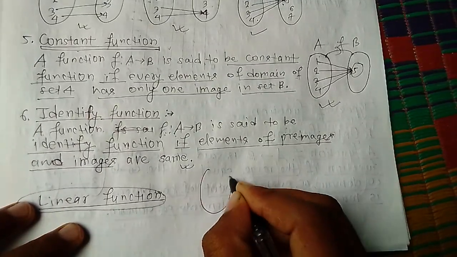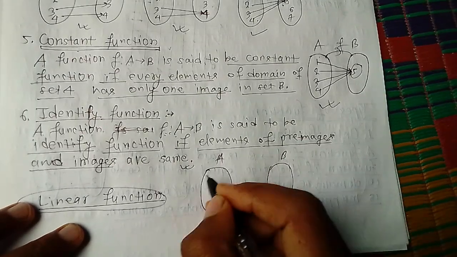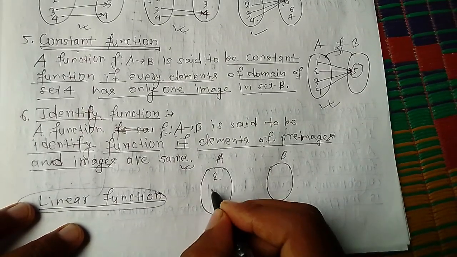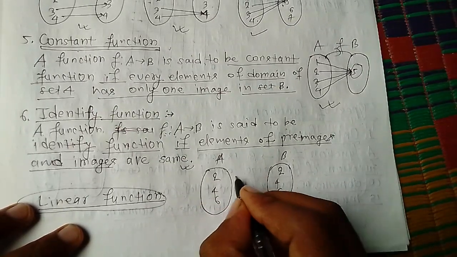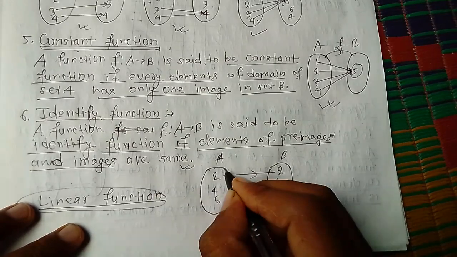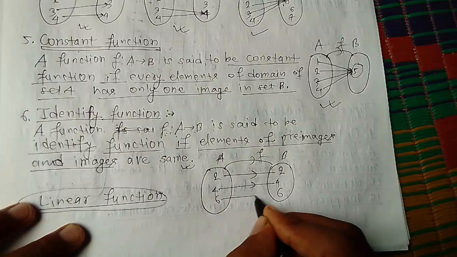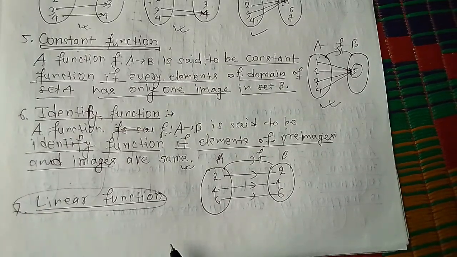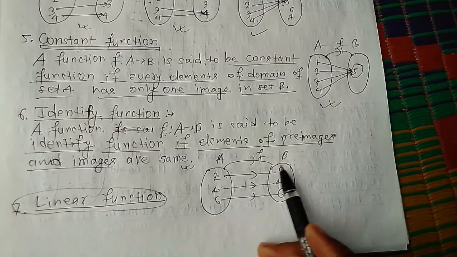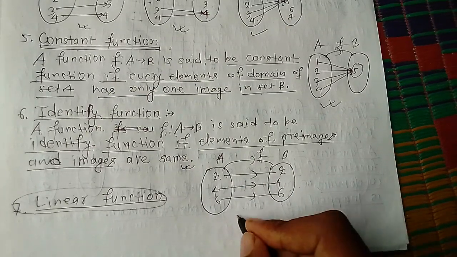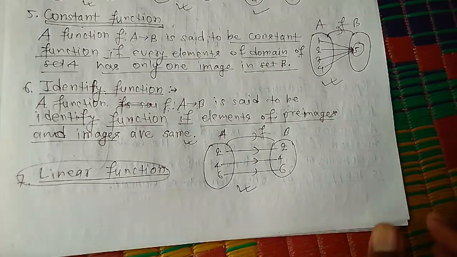It means if a function has A and B, 2, 4, 6 and here also 2, 4, 6, so 2 is related to 2, 4 is related to 4 and 6 is related to 6. So image and pre-image are the same. This type of function is called an identity function.